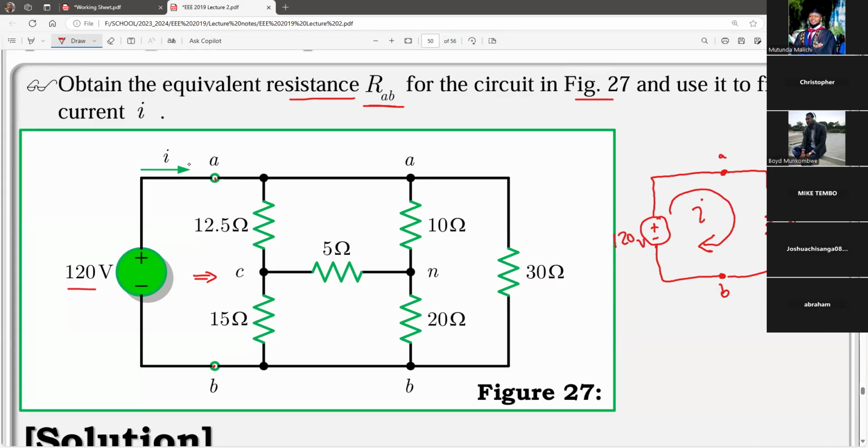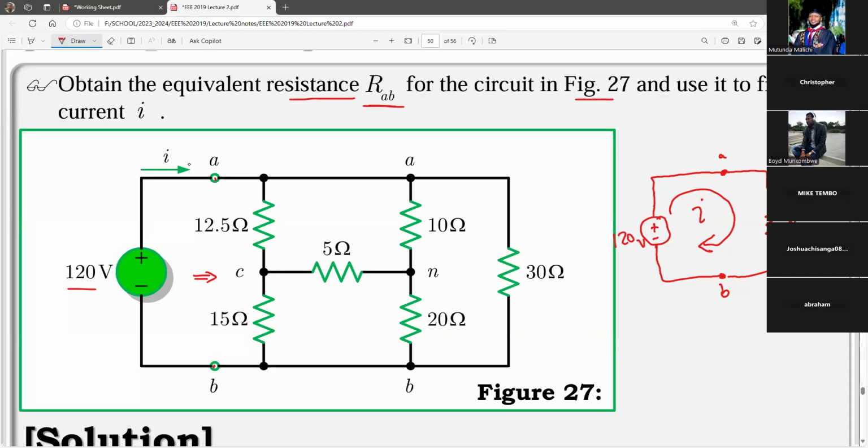Okay, so given a question, someone says, can you calculate the current I in this circuit? What they are just trying to tell you is, before you do that, you will not say that I is equal to 120 over 12.5, 120 over 15, or 120 over 30. It's not possible.